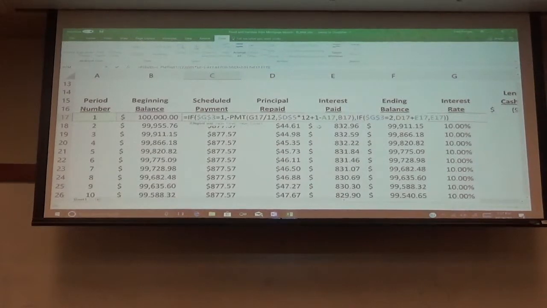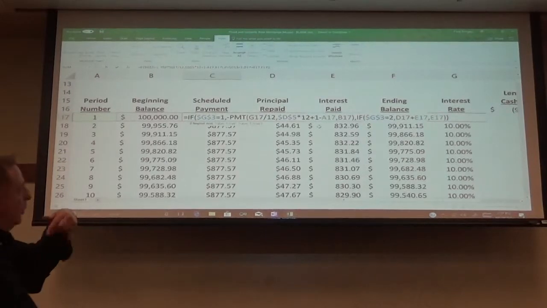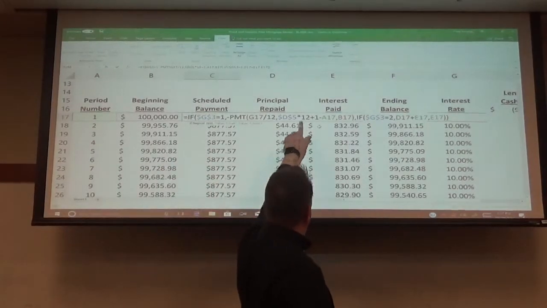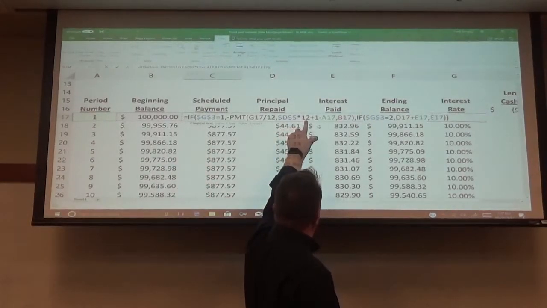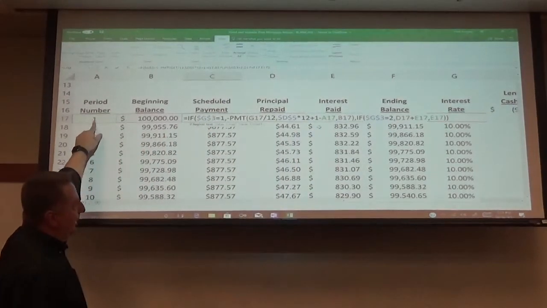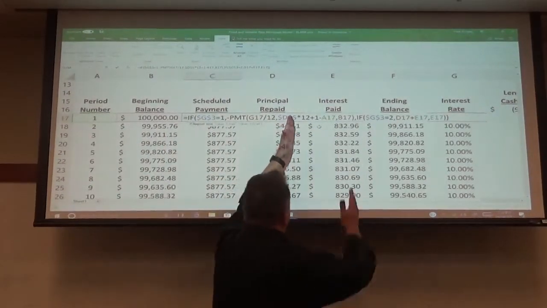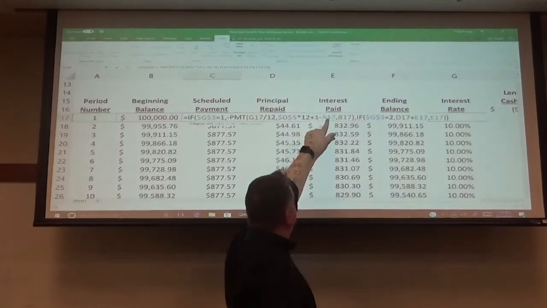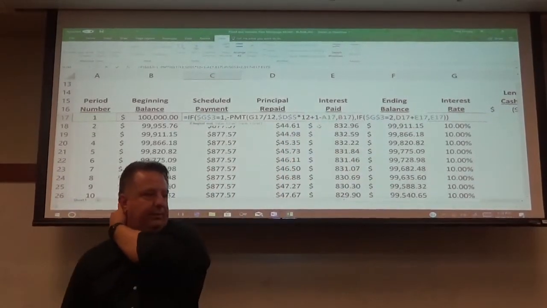The part that I had to add in was what we had done previously: once you've got the D5 times 12, which is 30 times 12, which is 360, we add 1, and then we subtract out the period number. That's all that we added, that one little piece, the +1 minus A17, and that fixed it.